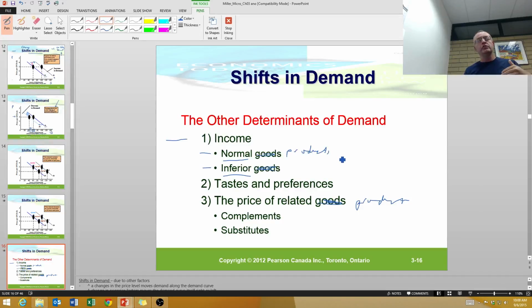So normal goods are, normal products are products whose consumption increases when our income increases. So our demand curve for normal products, here's our demand curve 1, our demand for normal products increases when our income increases. So a good example of a normal good, I would say, would be vacations.